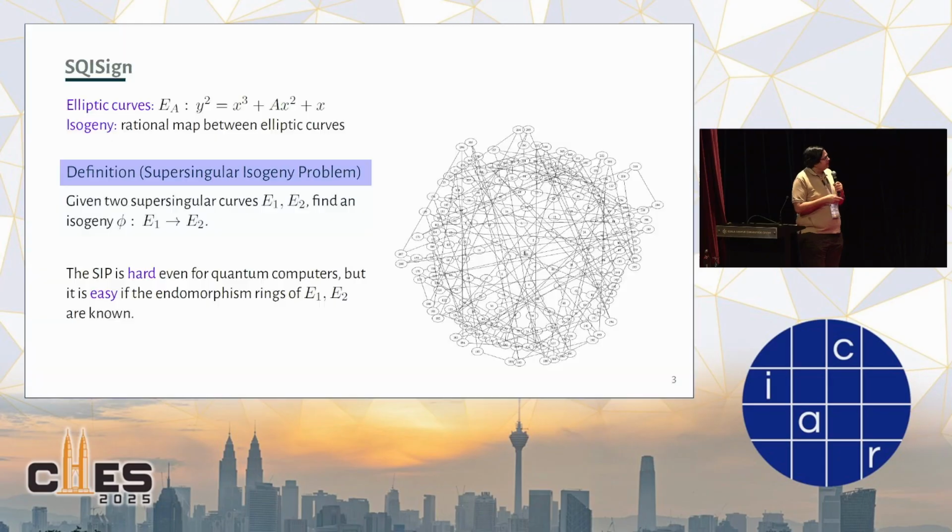So I'm going to do a little bit of background. An isogeny is just a rational map between elliptic curves. And in isogeny-based crypto, we are concerned with the supersingular isogeny problem, which is, given two supersingular curves, to find an isogeny between them. This is thought to be a hard problem, even for a quantum computer, but it has a kind of backdoor. If you know the endomorphism ring of both curves, then the isogeny is actually easy to find.